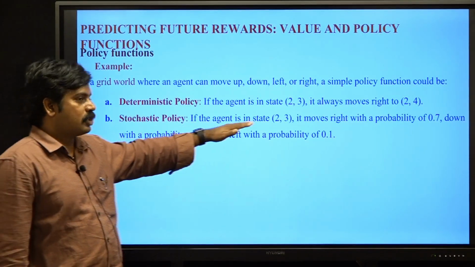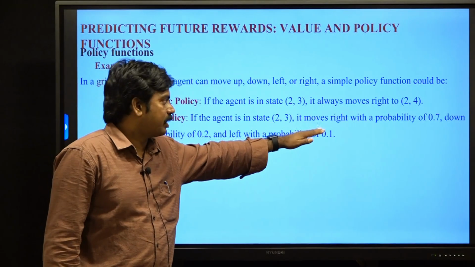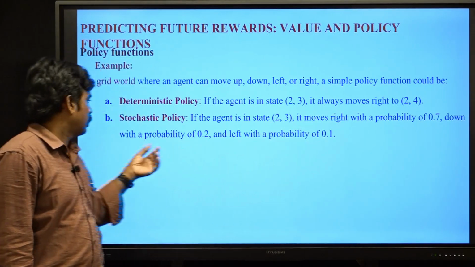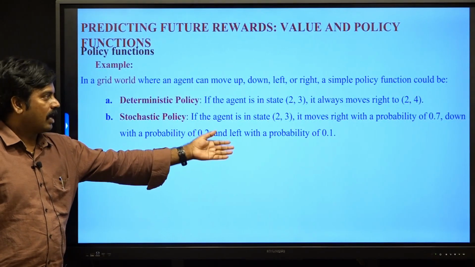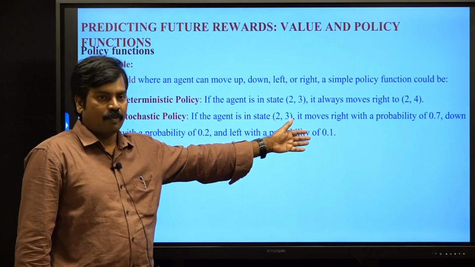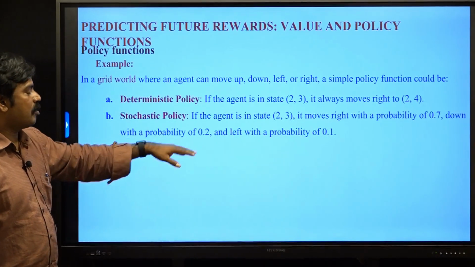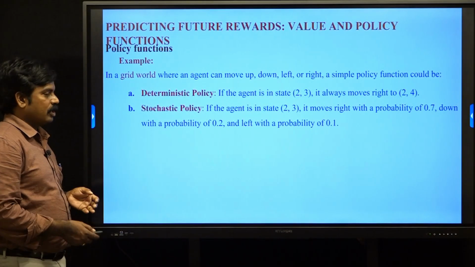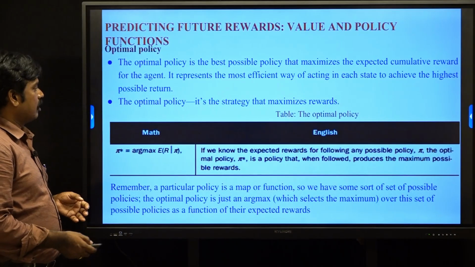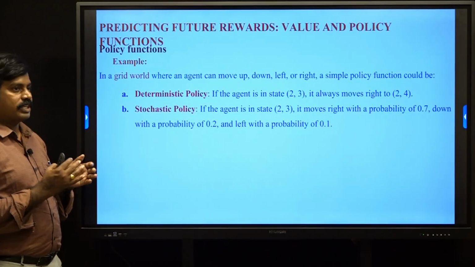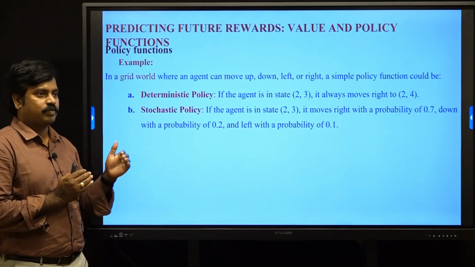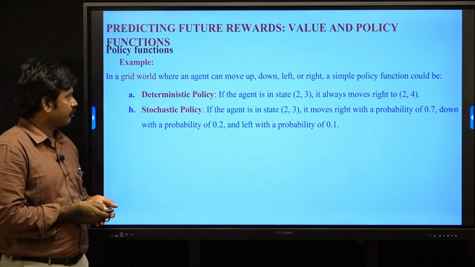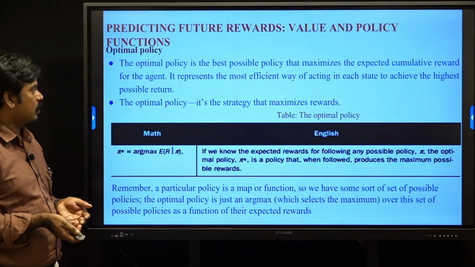If the agent is in state (2, 3), it moves right with probability 0.7, down with probability 0.2, and left with probability 0.1. It has three options with three different probabilities. This is the stochastic policy. The policy function is the mapping of the states to the corresponding actions, and these are either deterministic or stochastic.